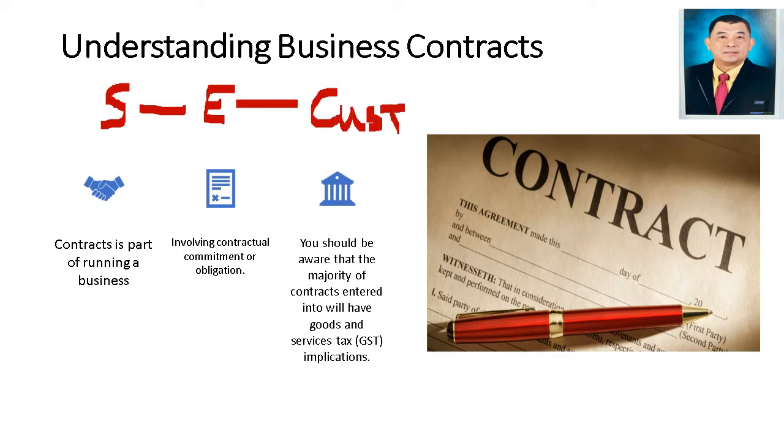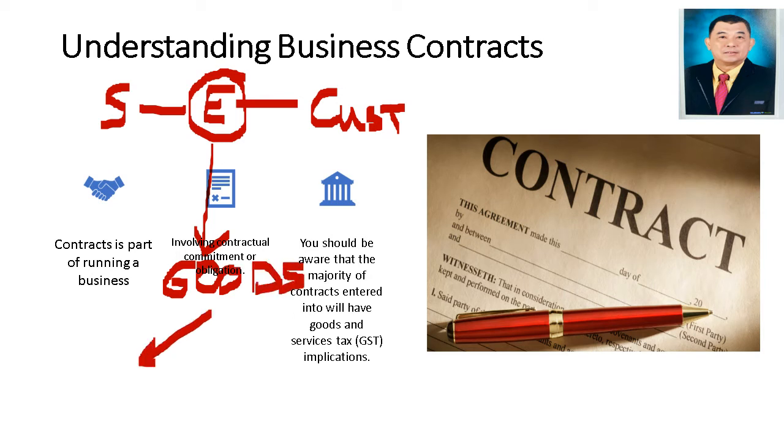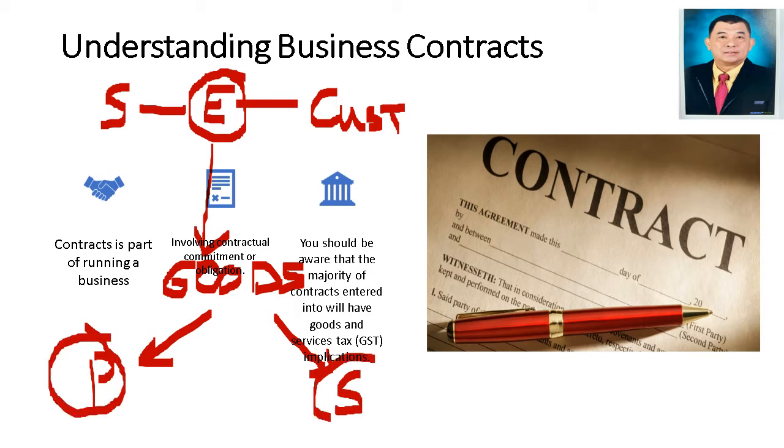And of course, if you are the entrepreneur, you are producing goods, and goods can be of two types: either a product or a service. So one thing to remember in business contracts is that it involves a product or a service, and definitely there are goods. Okay?